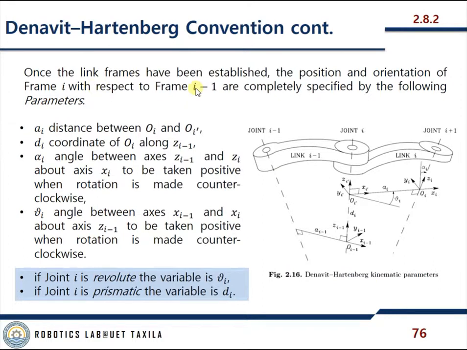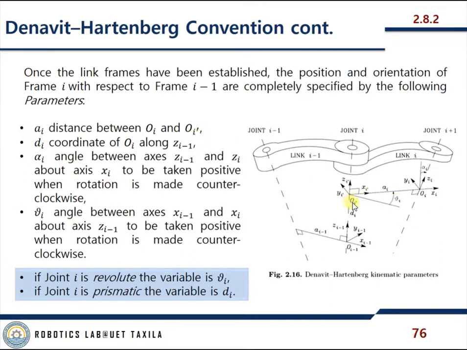Once the link frames have been established, the position and orientation of frame i with respect to frame i minus 1 are completely specified by the following parameters. Ai is the distance between Oi and Oi dash.